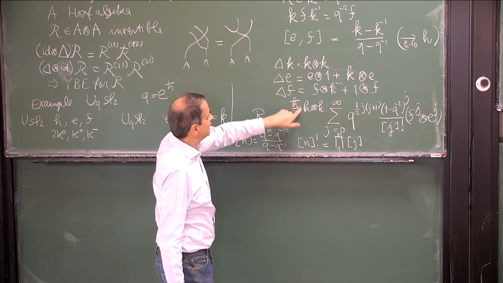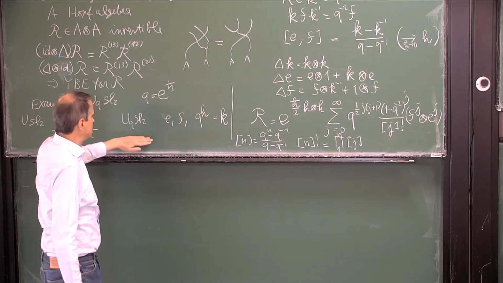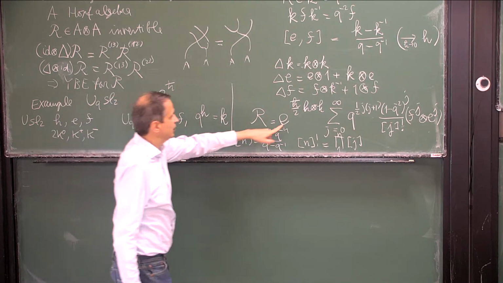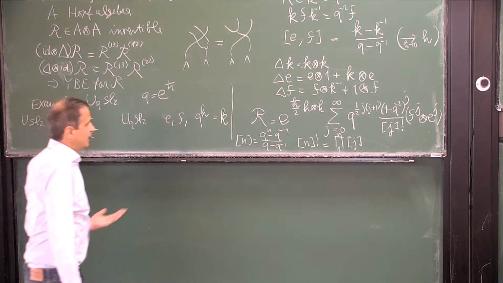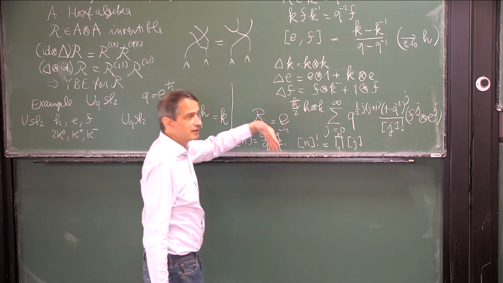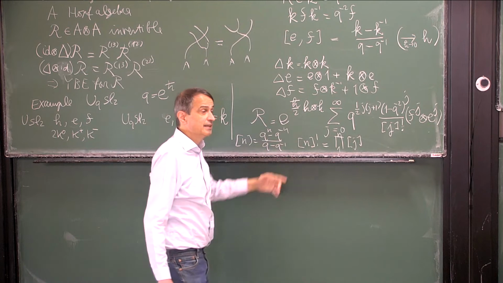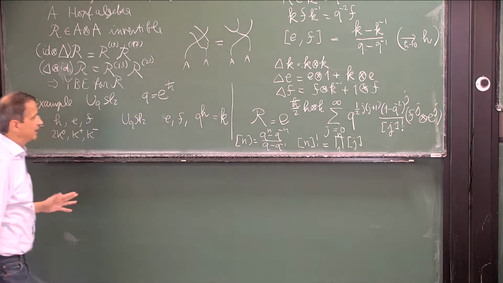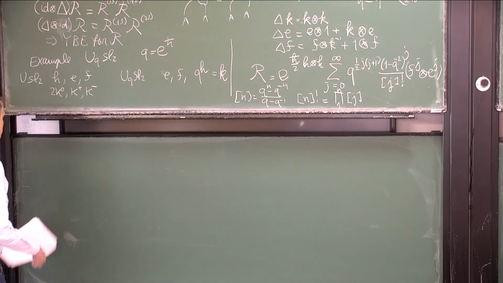This is not really in the algebra because if you say that the algebra is generated by K, you don't have H, you don't have the logarithm of K. But again, in any representation, H will be diagonalized, let's say finite dimensional representations, and then this will make sense. So there are these two things, and then there are kind of two versions of the story, or three versions maybe.